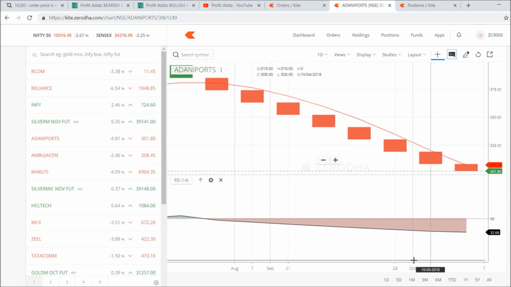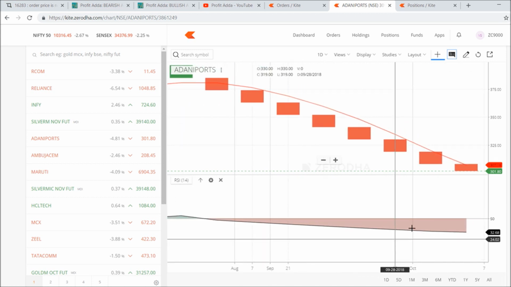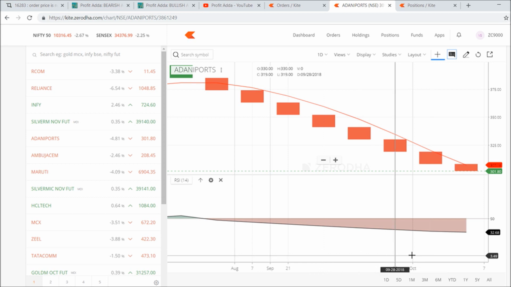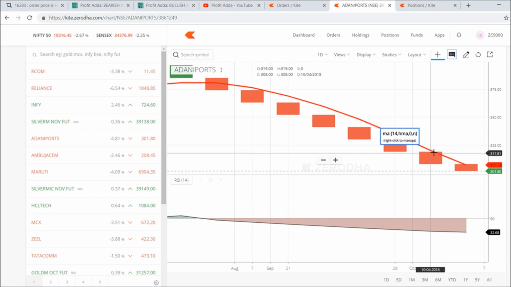Okay, so if you see in October, this is how it is getting updated, 11 rupees. If you see this October time, only some of the stocks have been updated as 11 rupees. Okay, so this is how it is getting updated, and you can utilize it.